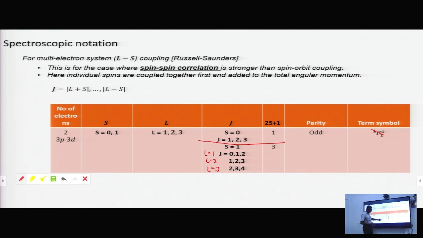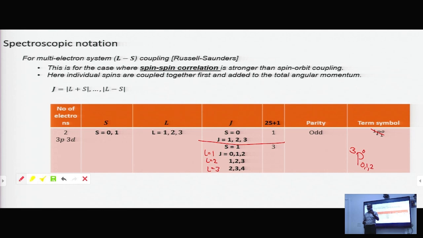How do you do that? First, you go to 1. That is p. And then it's a triplet. So then there are the J values 0, 1, 2. And odd parity. Because within this there are 3 different substates, don't be confused that this is a single state.